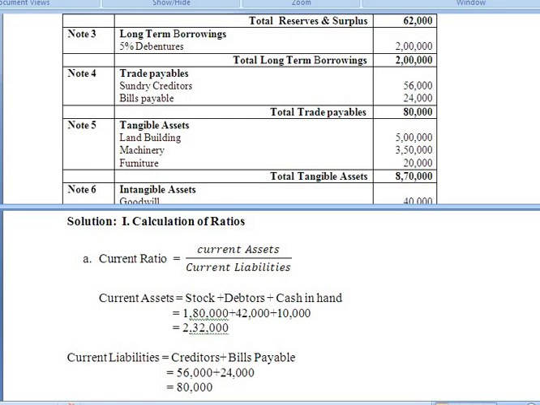Now we got the amount of current assets and current liabilities. Put both these values into the formula.